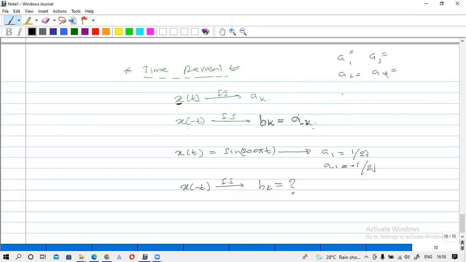For this time reversed signal x(-t), the coefficients will be reversed.